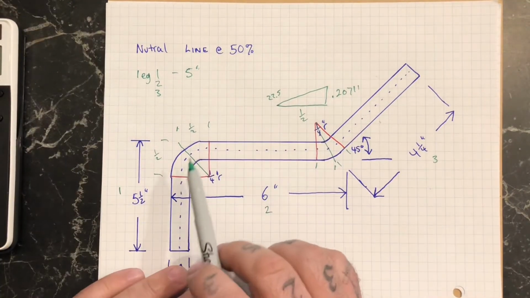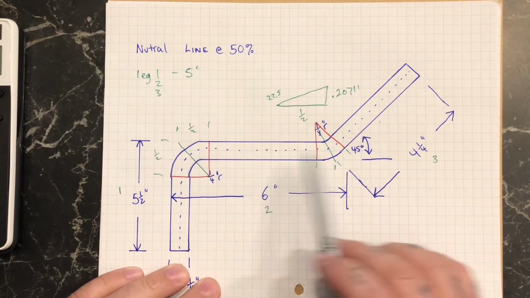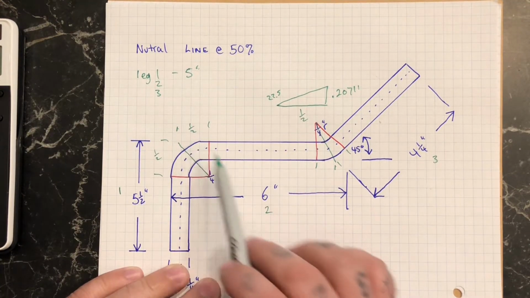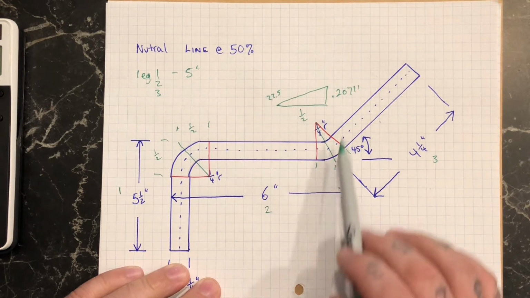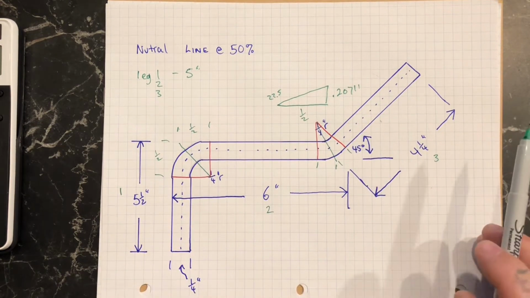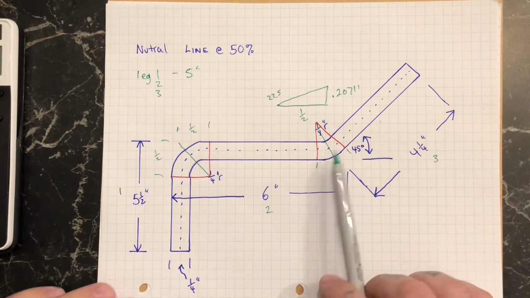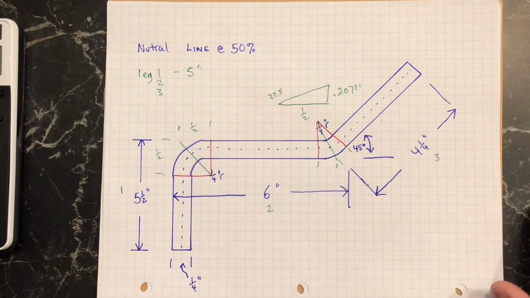Now leg number two goes from here all the way to here, so we're gonna have to subtract a 1/2 off of this side, and we're gonna subtract this 0.20711 off of this side. So it has two setbacks that have to come off of there.